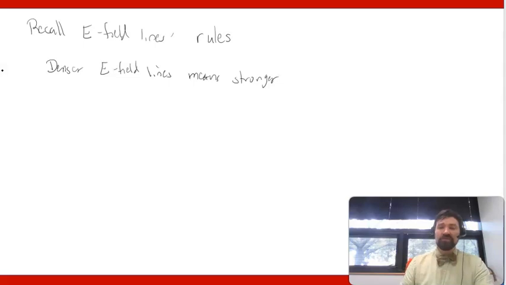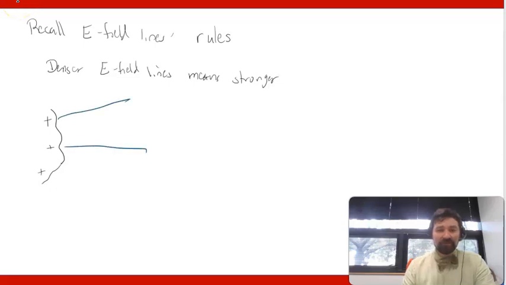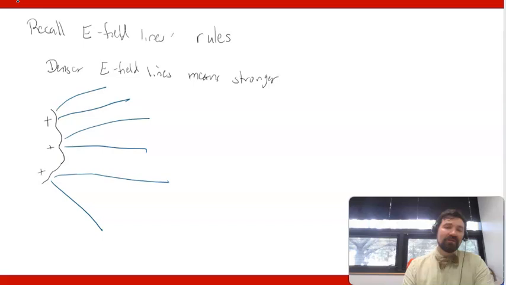And what you may be thinking here is that, let's say I've drawn some element of charge somehow like this, and maybe my field lines end up looking somehow like this for this charged object.